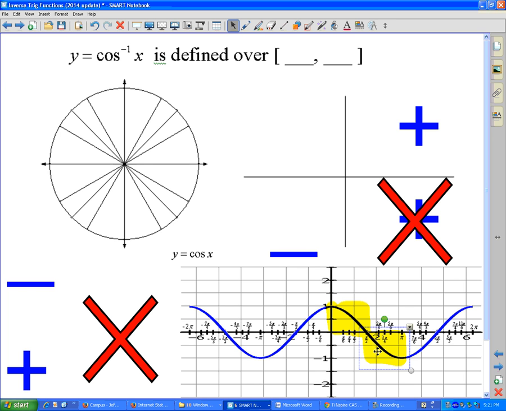And so we're just going to take our negative angles for cosine, our negative ratios are going to generate angles from quadrant 2. Now, they're not going to be negative angles.